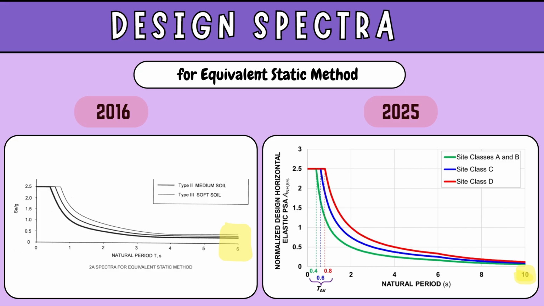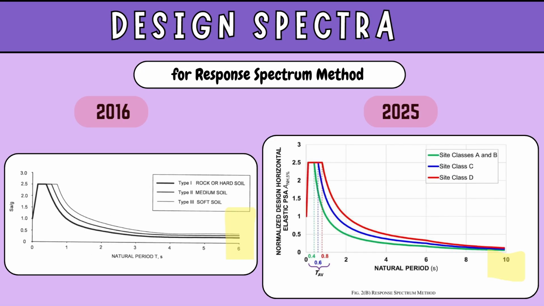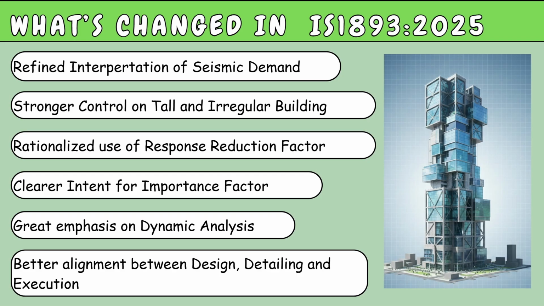Before it was up to 6 seconds, and as per new conditions it is increased up to 10 seconds. The same is true for the response spectrum method. Before, the natural period was 6 seconds, and in 2025 it is increased up to 10 seconds. And we will learn what has changed in IS 1893-2025.